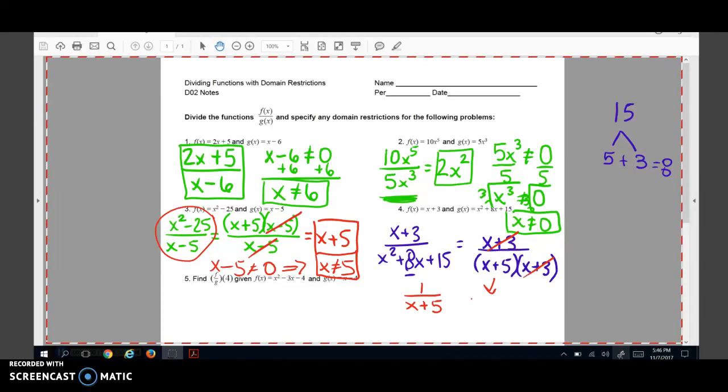So both of these things can now not equal 0. So if I set both of those not equal to 0 and solve for x, I get x cannot equal negative 5 and x cannot equal negative 3. So that would be my domain restriction, and this would be my f of x divided by g of x.